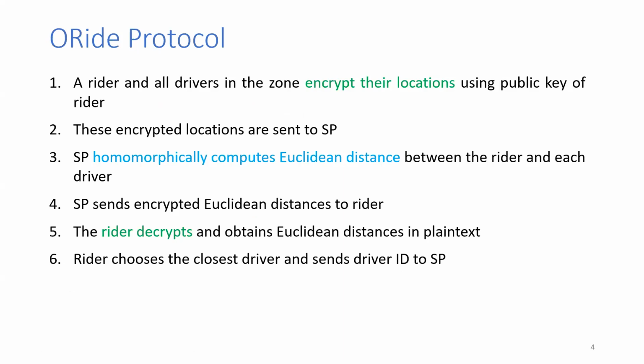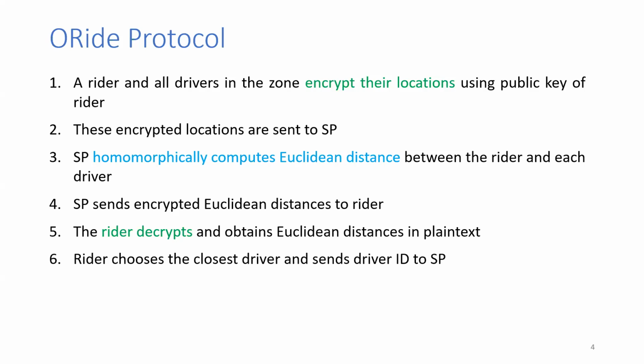Now I'll describe the ORIDE protocol briefly. In the first step, the rider publishes her public key to all entities in a zone. A zone is basically an area surrounding the rider. These zones are public. And the rider and all the drivers in the zone encrypt their locations using this public key.